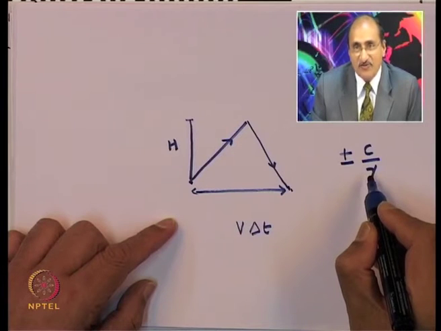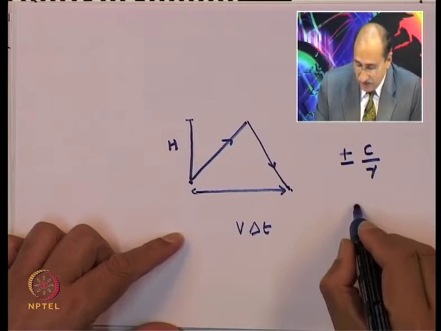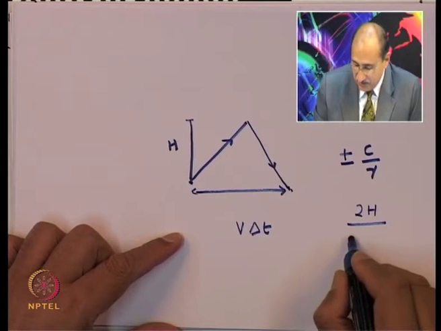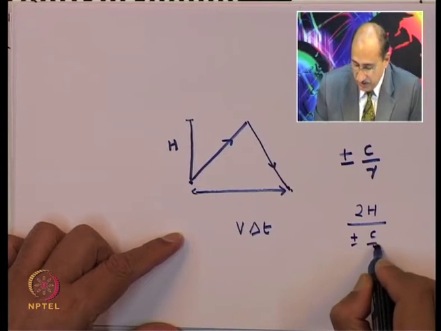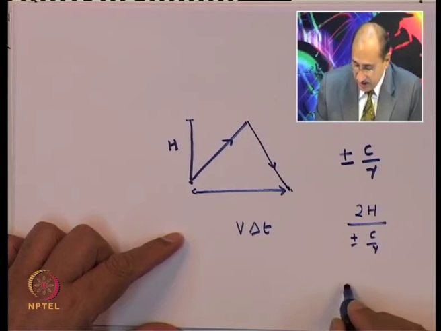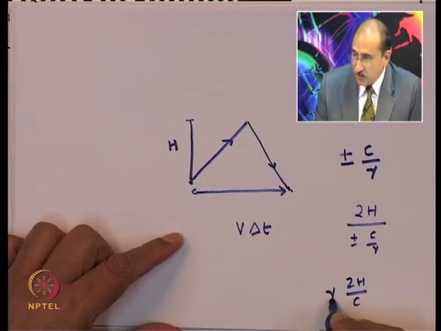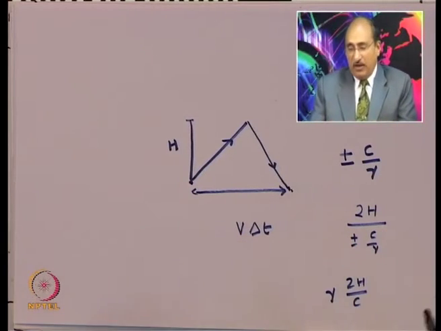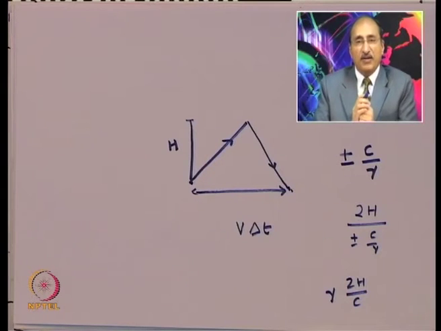Therefore, I can always find out that the total time will be 2h divided by the y component of the velocity, which is plus minus c by gamma. So, this gamma goes upwards, and this becomes 2h gamma by c, because I am looking only at the total time interval, so this plus minus sign does not make a difference. So, I can also find out this particular time interval delta t by doing it this way.